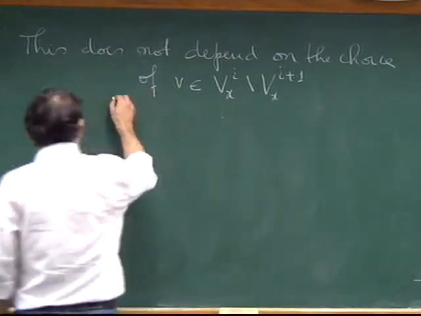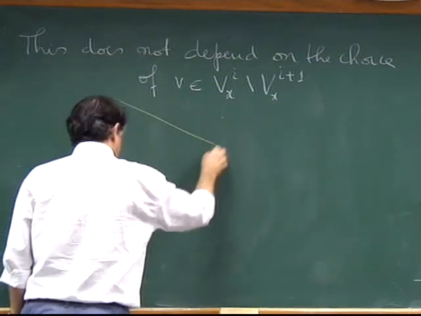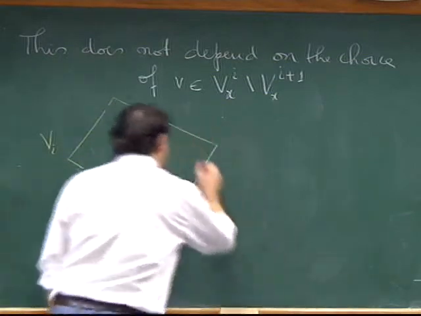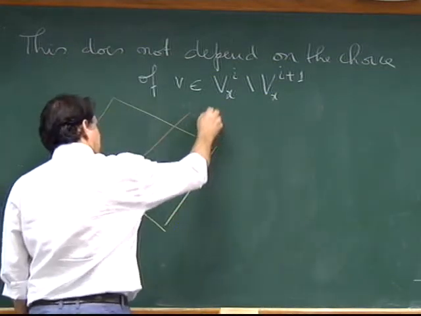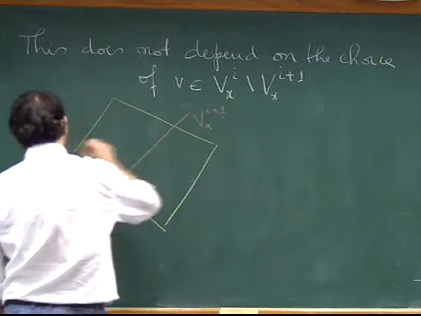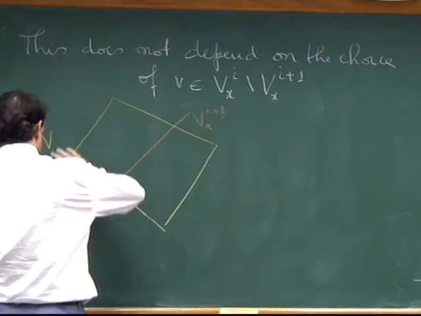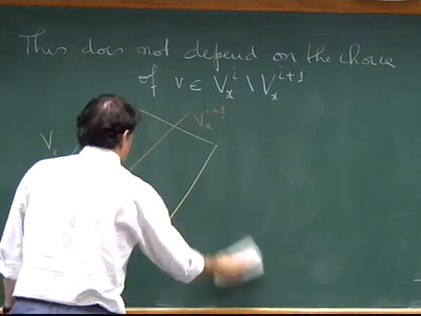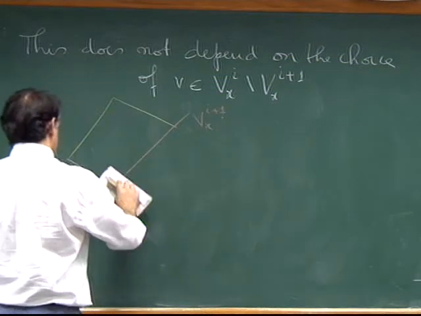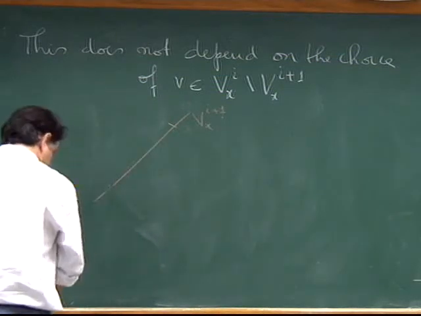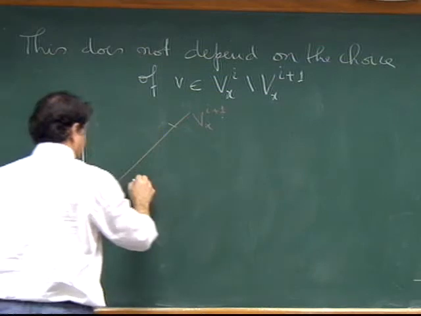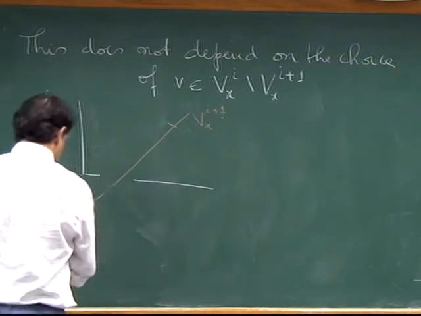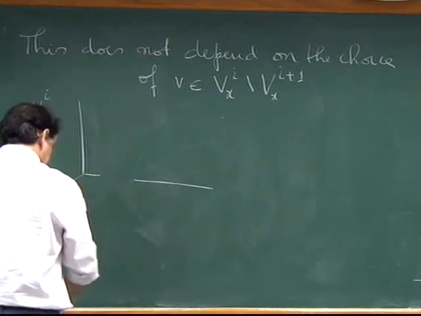So this is V_i, and inside here you have V_{i+1}. I'm going to draw a picture where V_i has dimension 3. No, this is V_i. And then V_{i+1} is a line.